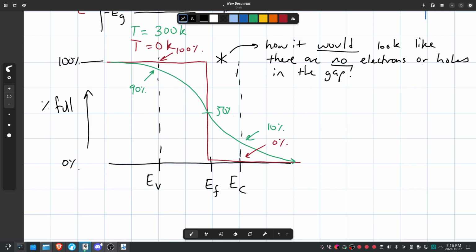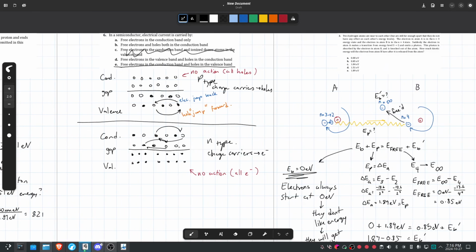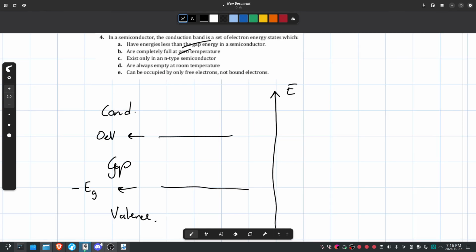Because the Fermi energy level is always within the gap, and because it's a hard cliff at T equals 0, the conduction band will always be empty at T equals 0 in a semiconductor. It will definitely not be full.